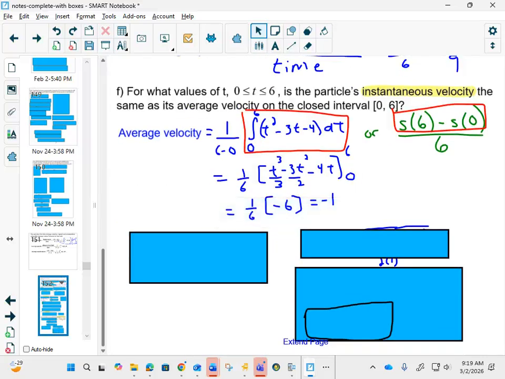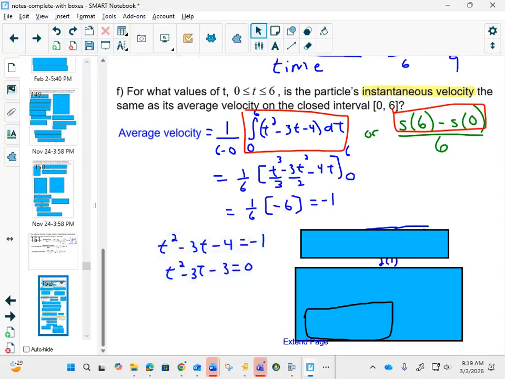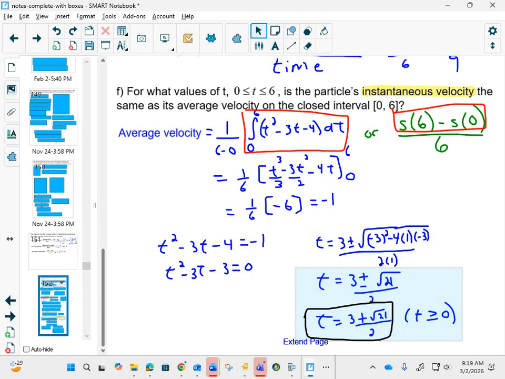And plugging in the numbers, you can do that with your calculator. You're going to get -1. So then when is it going to equal that -1? I have to use quadratic formula, of course.